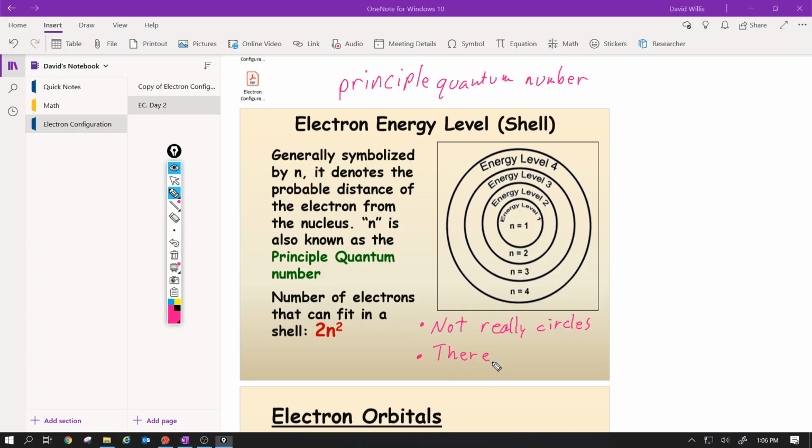Well, there are distinct levels. How many energy levels do we know that there are? Up to 7. Everything after 4 is actually a repeat of 4. They change from 1 to 2 to 3 to 4, and then 5, 6, and 7 are repeats of 4. So what's the point of having that? Because you need more spots to put electrons.